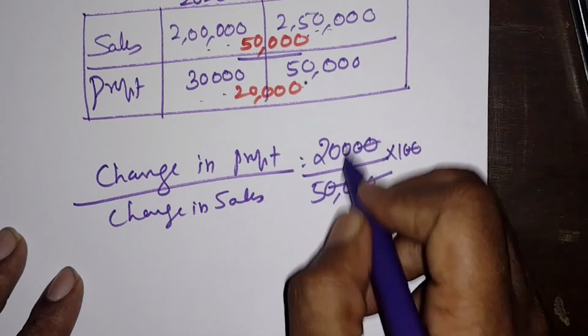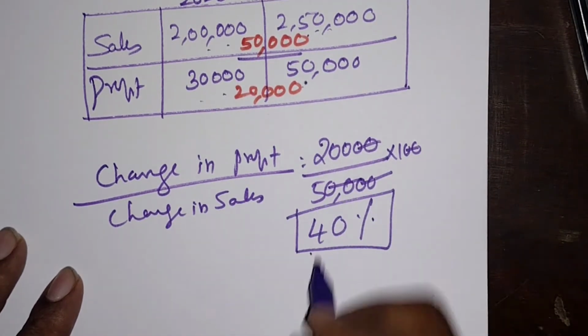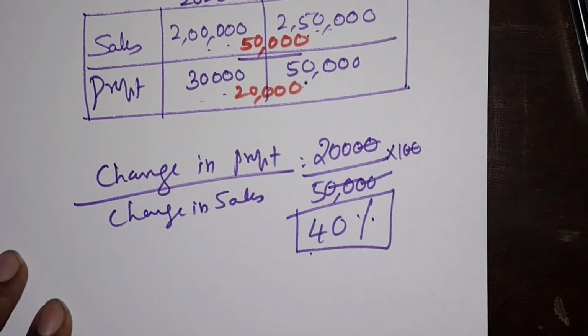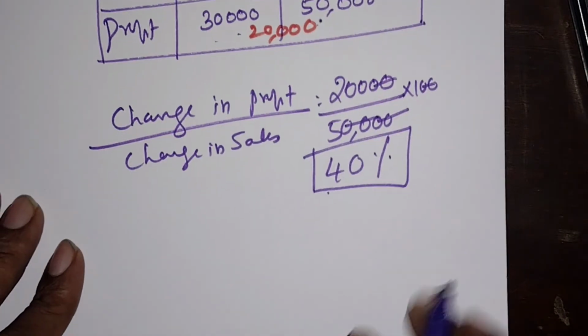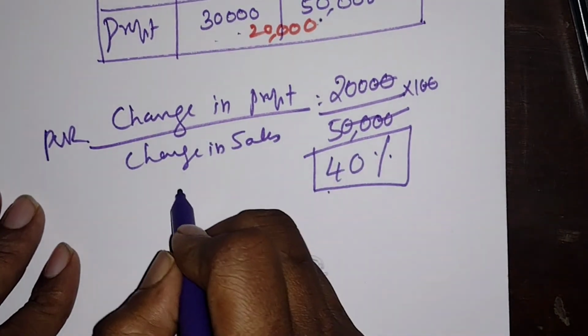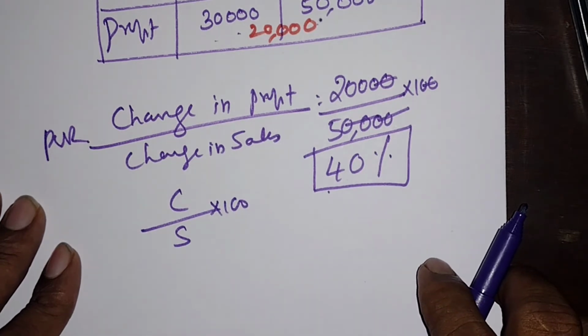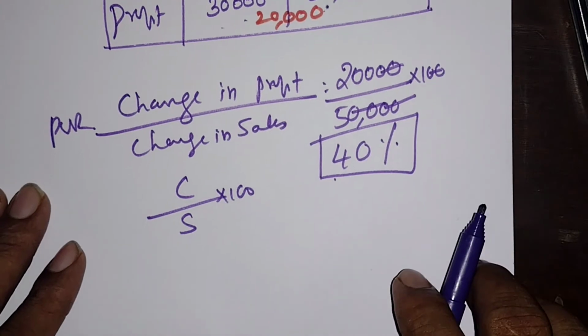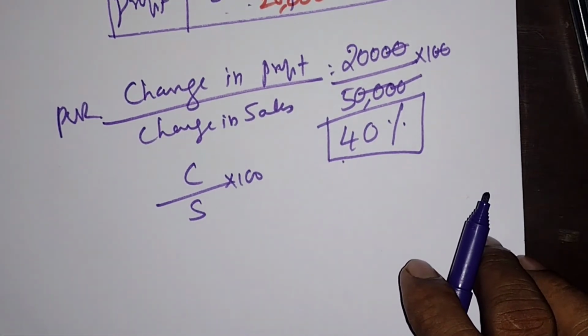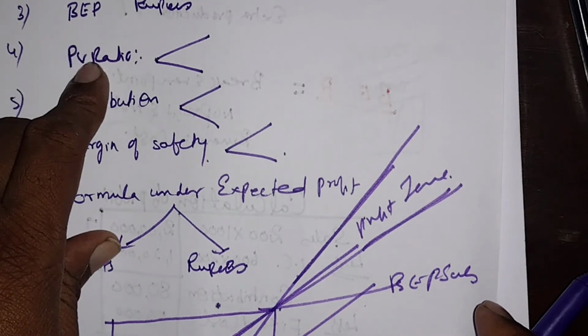Again the calculation is 40%. So I have given two formulas of the PV ratio. One formula is the change in profit divided by change in sales. Another one is contribution divided by sales into 100. Yes, these two things. Now, the next topic which we are going to discuss here. BEP, PV ratio over.